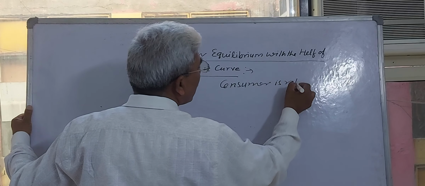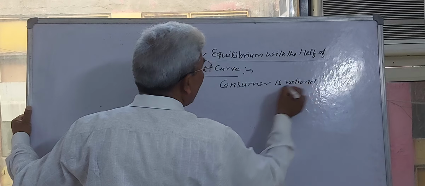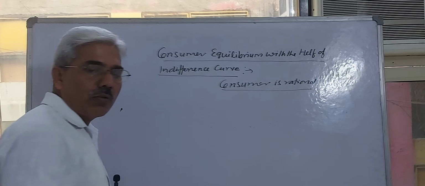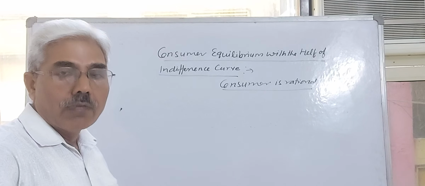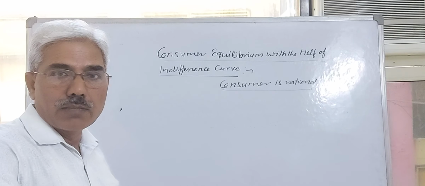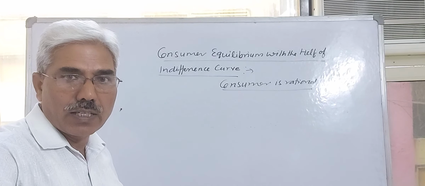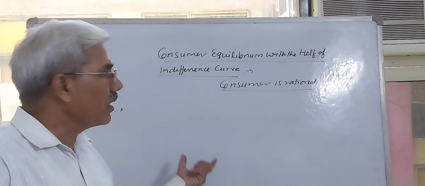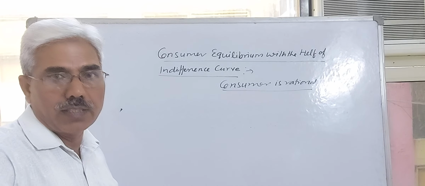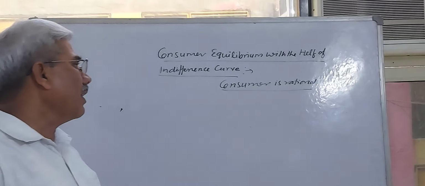I am assuming that you know the complete thing about what are indifference curves, what are their characteristics, what is marginal rate of substitution of X for Y, and what is the price line and budget line, but to some extent I will discuss certain points which are necessary for understanding this topic.